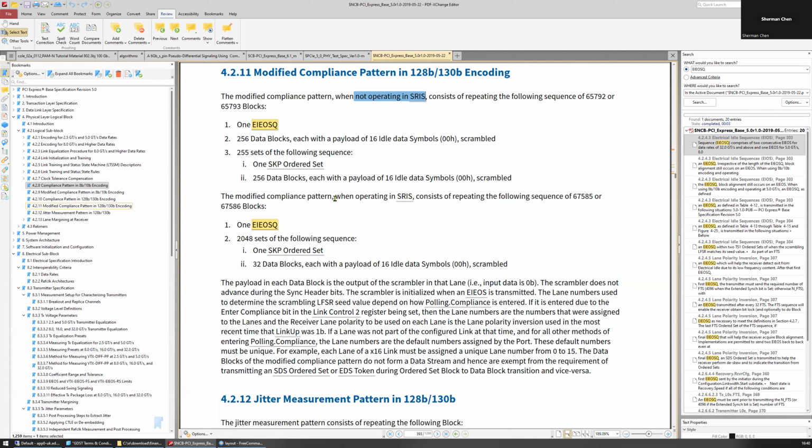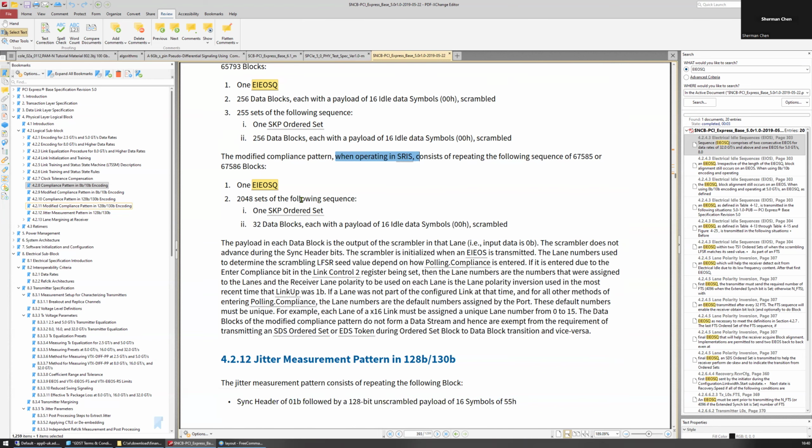However, when SRIS is enabled, which is case 2, then this modified compliance pattern needs to use a different data pattern as shown here. The first one is the same EIEOS followed by 2048 sets of the sequence. The sequence is the same.